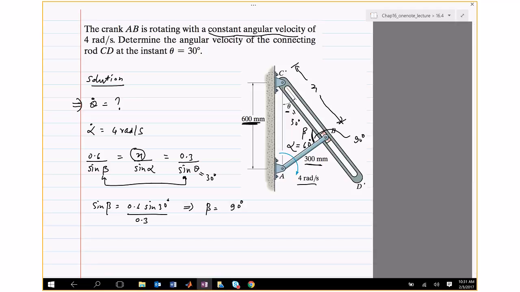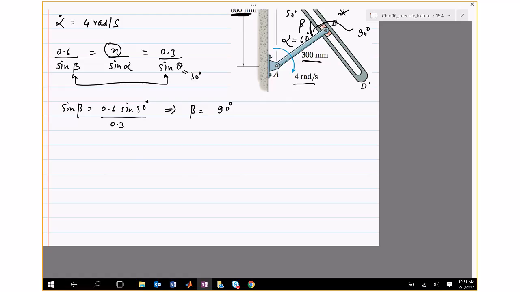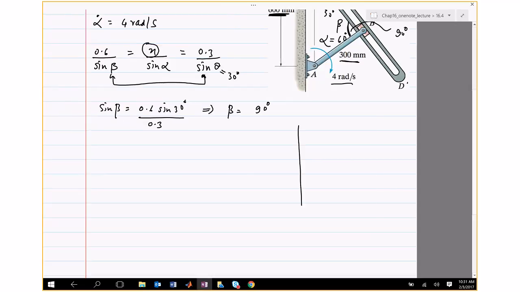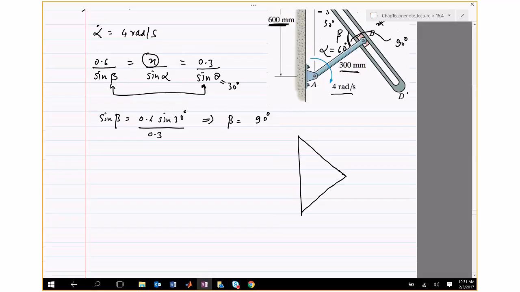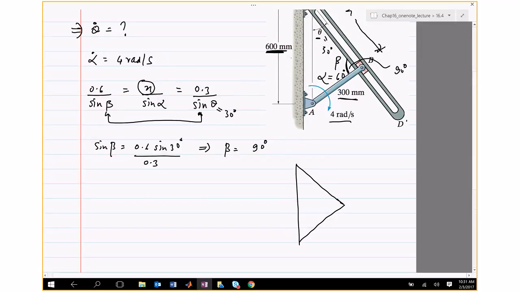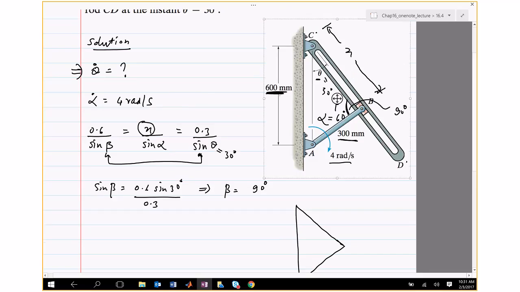X is not fixed. Cosine rule? So if you use the cosine rule, 0.6, 0.3, x, but again there'll be an x. You cannot avoid that because in the cosine rule, you always have all three sides coming in.